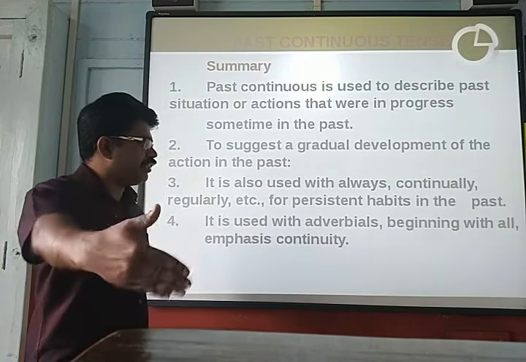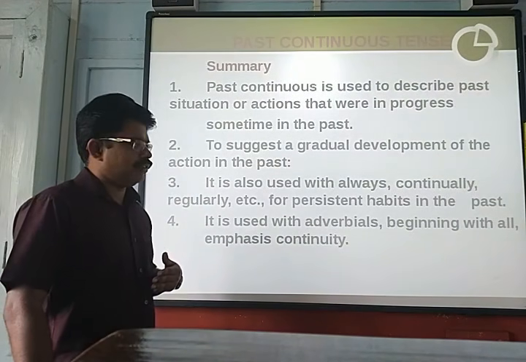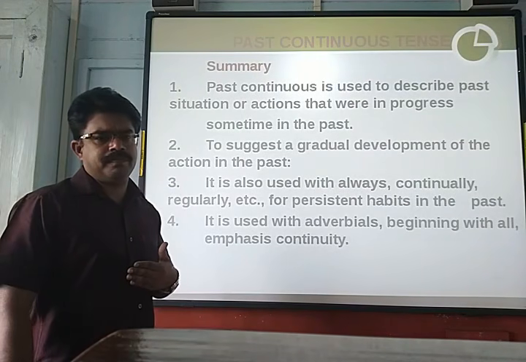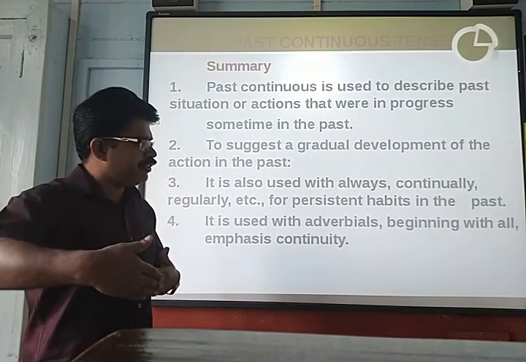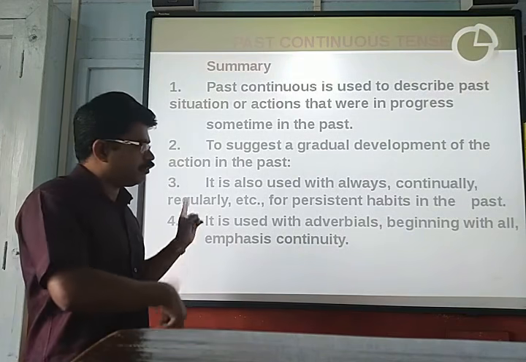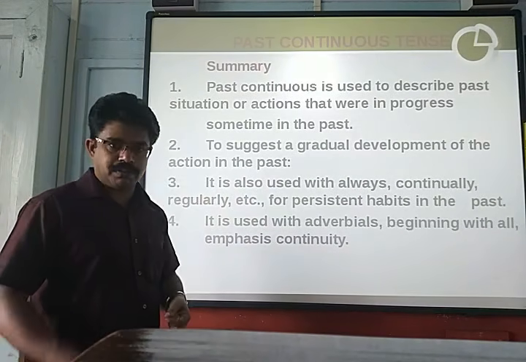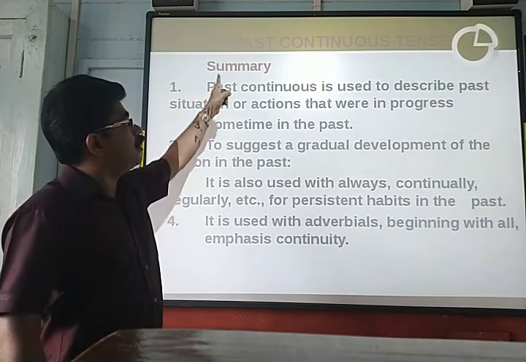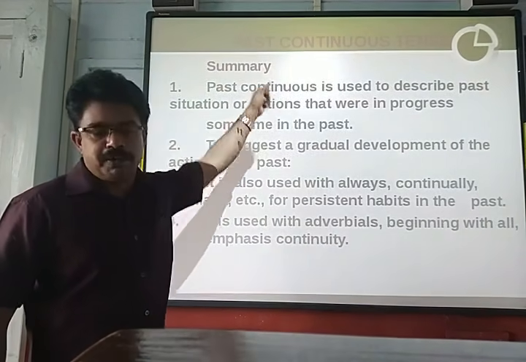He was always grumbling in the class. It was raining continually. These words, always and continually, along with the verb was, show an activity that was in continuity. Therefore, past continuous tense.